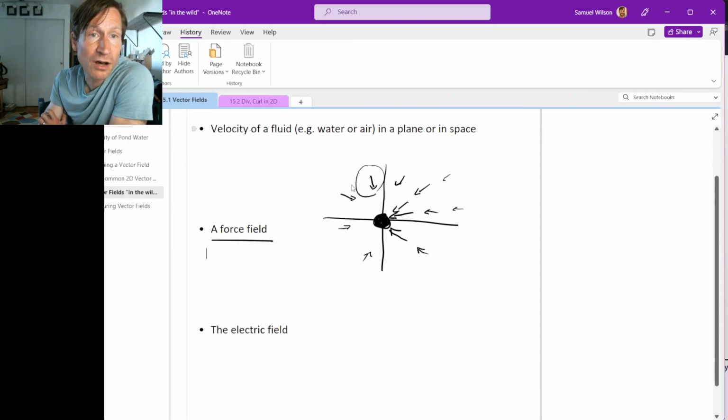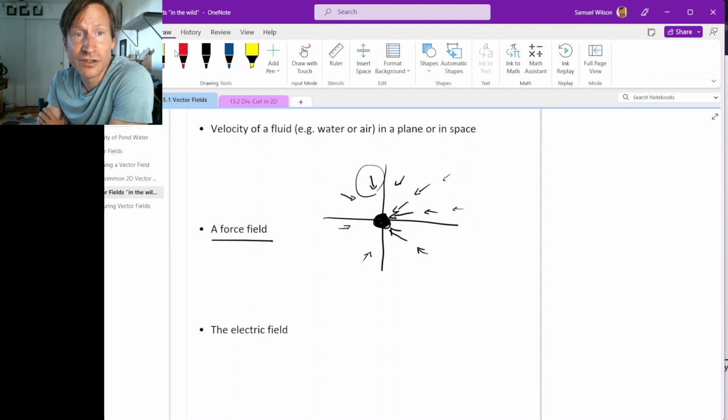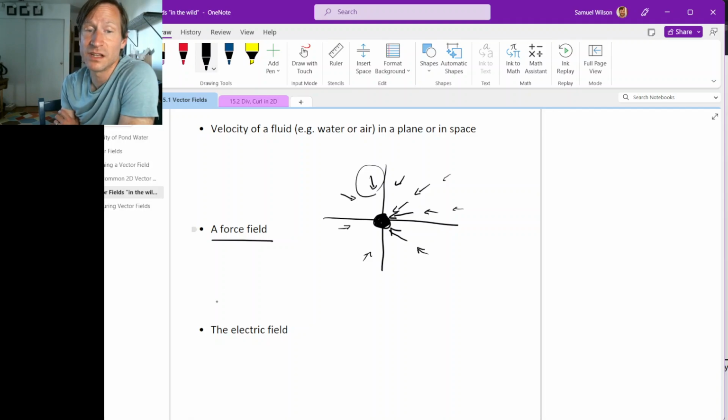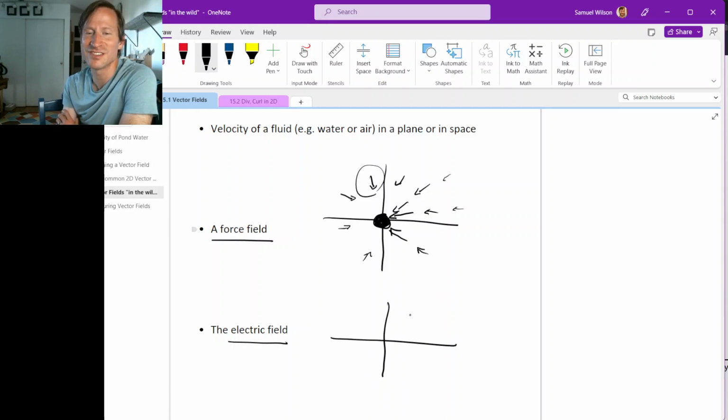Another example of a vector field out in the wild is the electric field. So the electric field is similar to a force field, but the electric field isn't actually a force, or doesn't produce a force. The vector that the electric field produces is not a force.